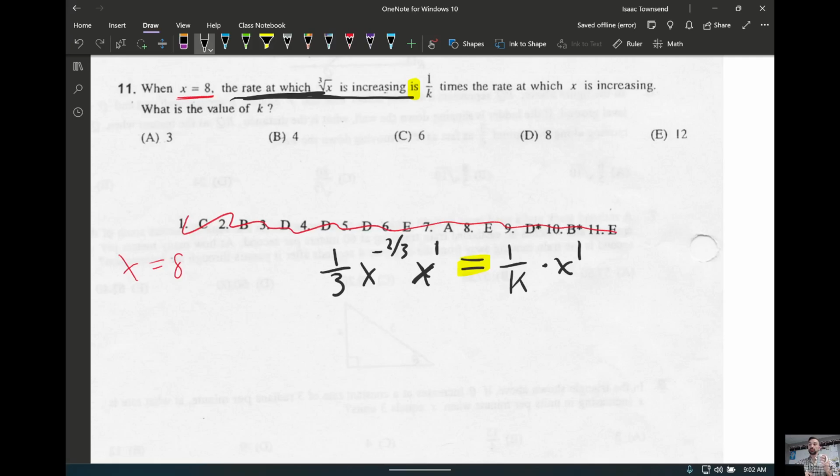So what is the value of k? Well, if we want to solve for k, we've got some other variables here. I'm going to have to know what x is. Okay, that's not a problem. They told me what to plug in for x.